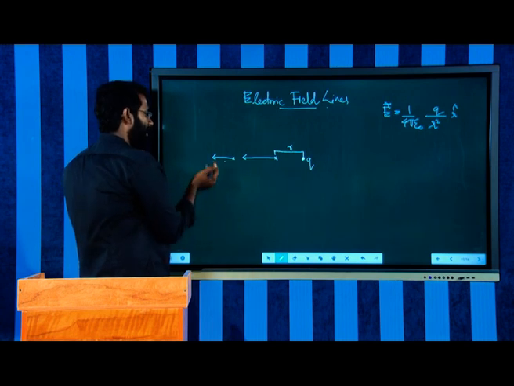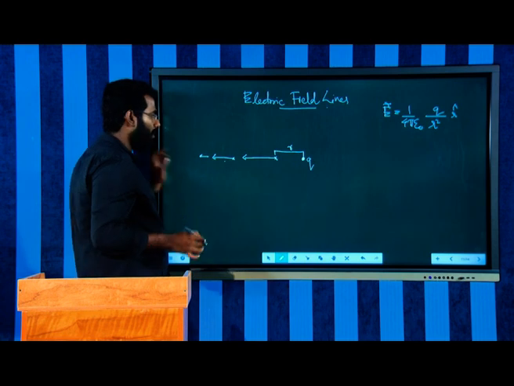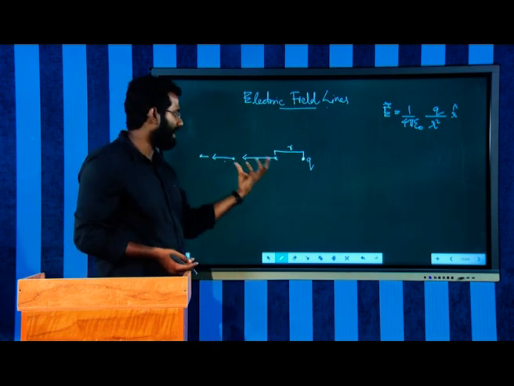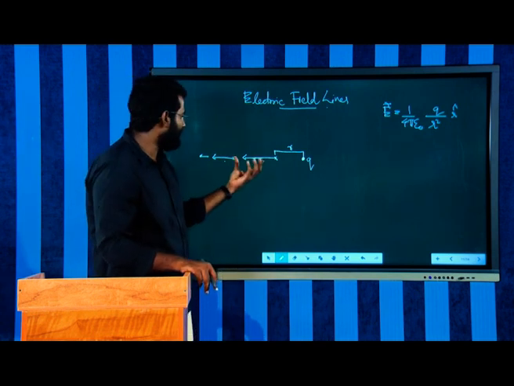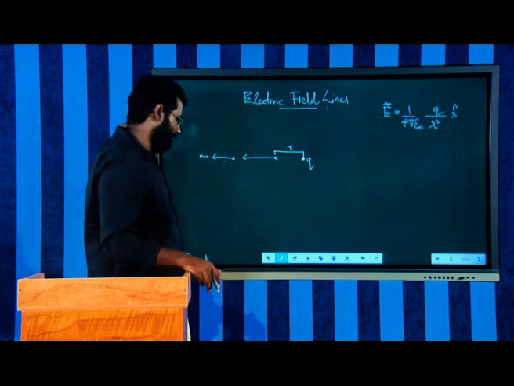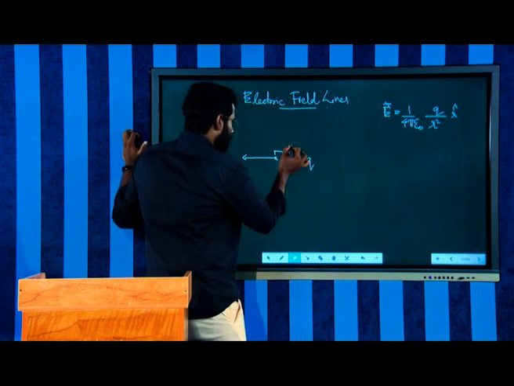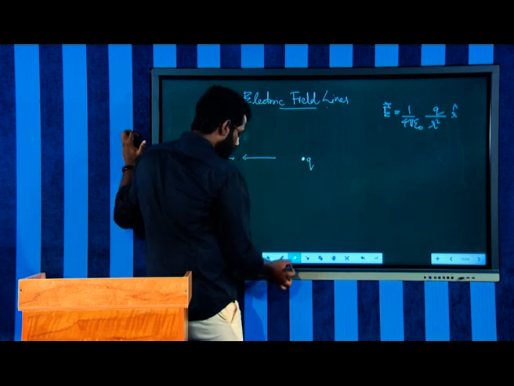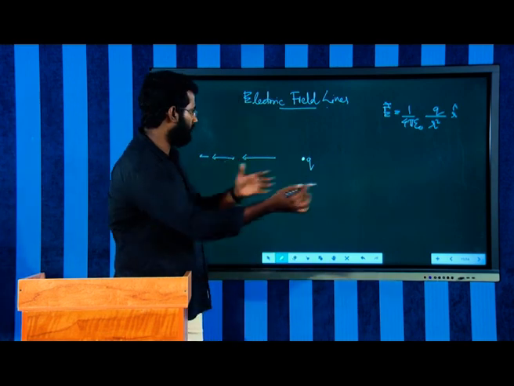Then what would be the next vector? That should be even shorter. So, this is what happens. What this shows is that the intensity or the magnitude of the electric field is getting smaller as you go away. Okay. Now, let me erase this. We need only the figure. Now, let us draw it in the opposite direction.